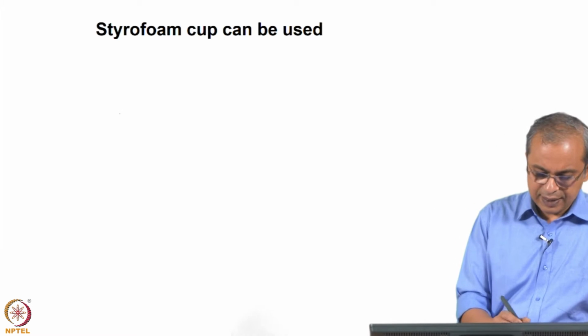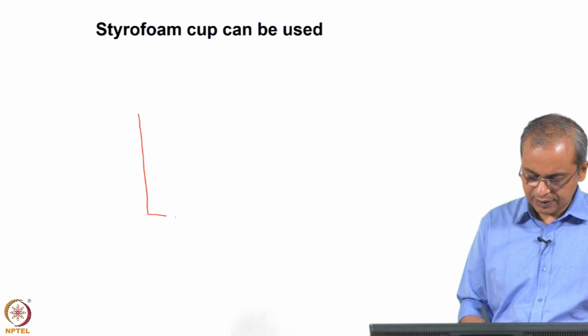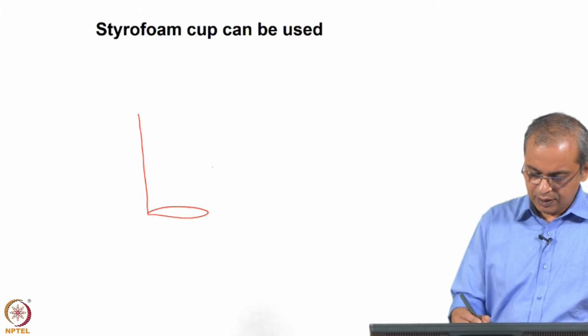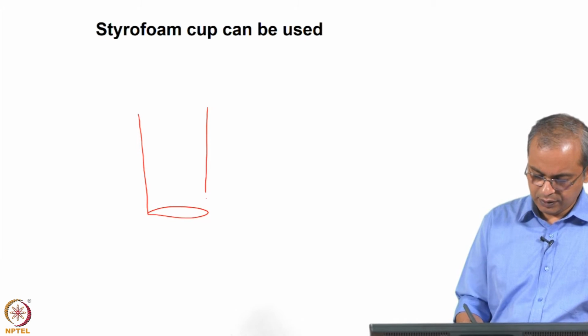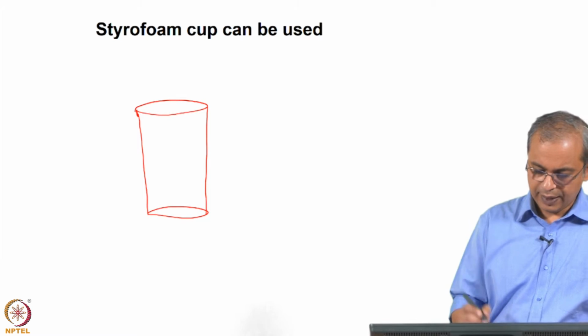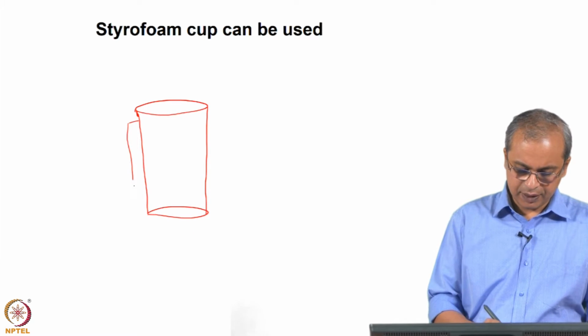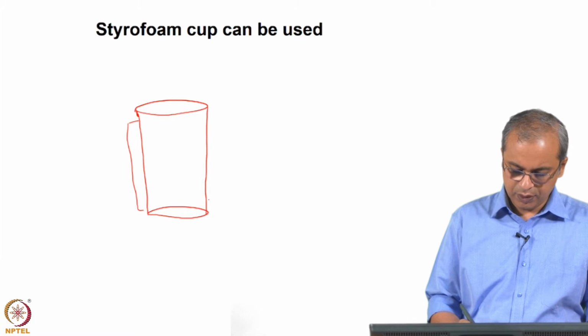So, let us say you have some kind of a tumbler or a glass, and we add some other insulation on top of it. You can wrap some other insulation all around.